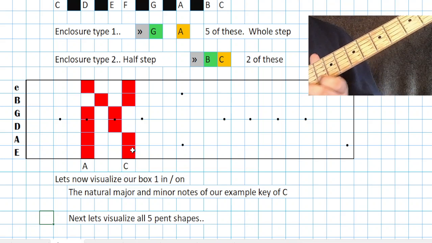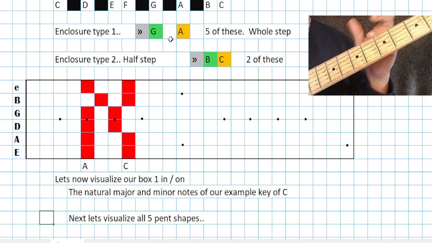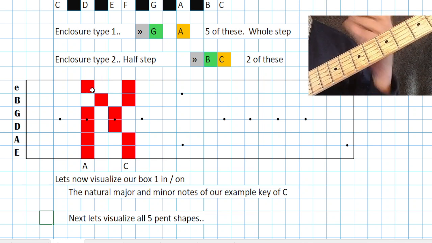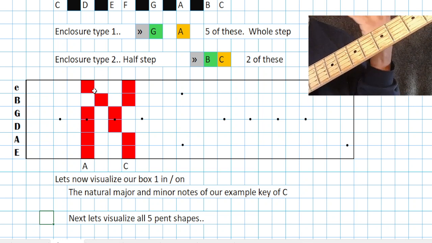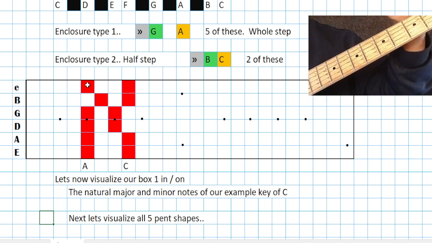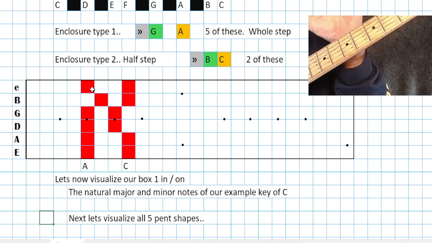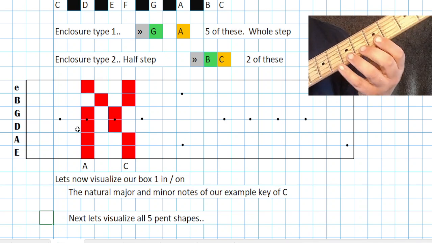So that being said, what can we do with this? Well, this is what we're going to do. With this type of enclosure 1, I could move this enclosure all over, but how do I know which note I'm targeting?